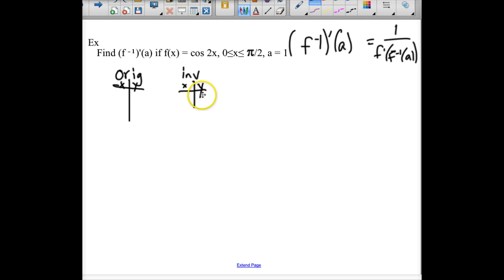The inverse function, I want my output to be 1, so I need to find my input. Oops, I have that backwards.